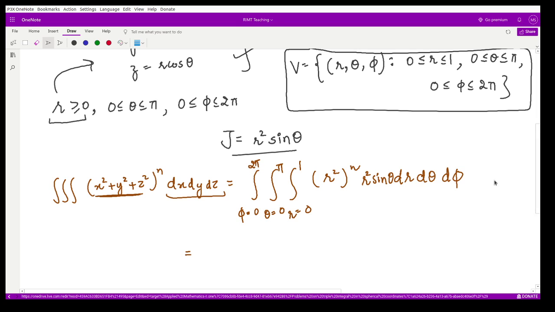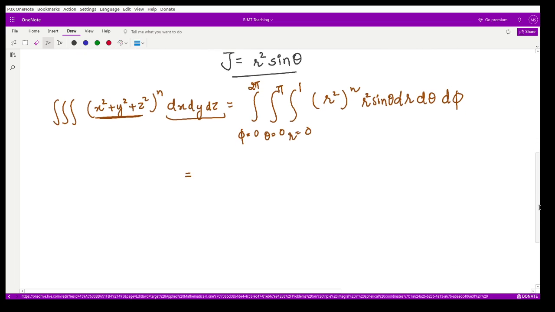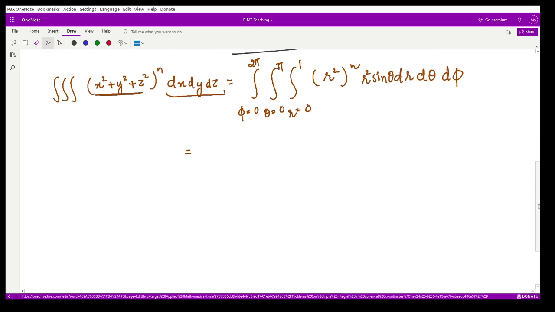The next task is just to solve this integral. Solving it is also very simple because the limits here are constant, therefore you can solve it in any order. It does not matter which limit you solve first, because the function is continuous.